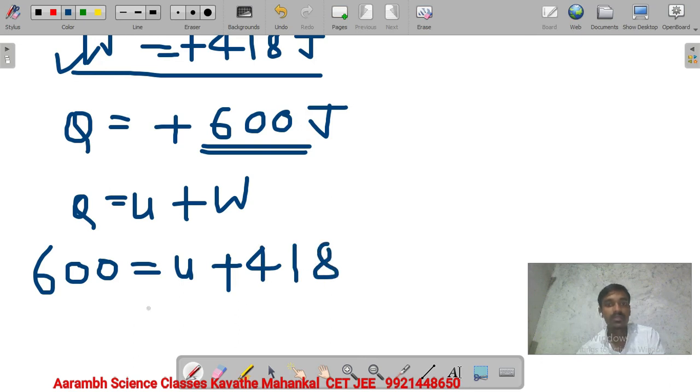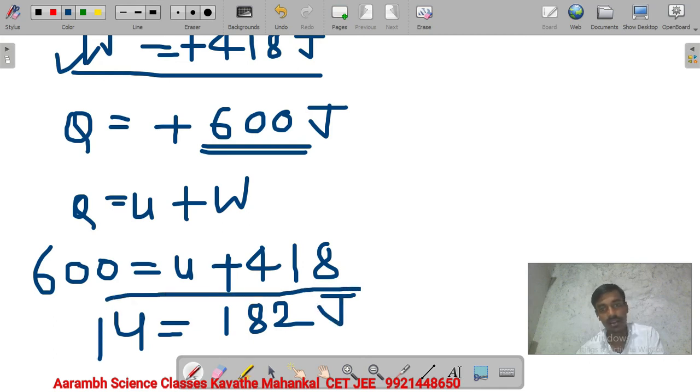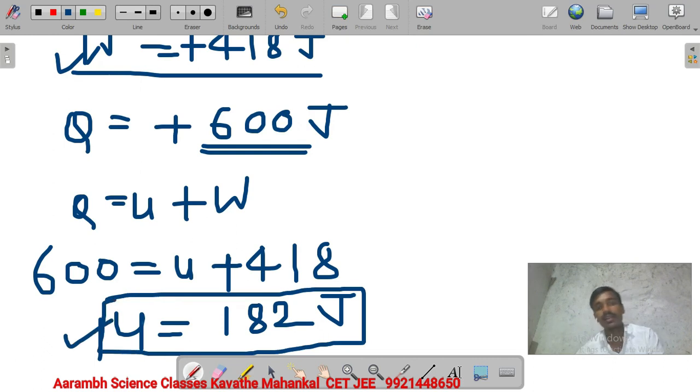To find U, we can easily get the value of U as 182 joule. This is the correct value of the internal energy change. We can easily get 600 minus 418, so it will give us around 182 joule.